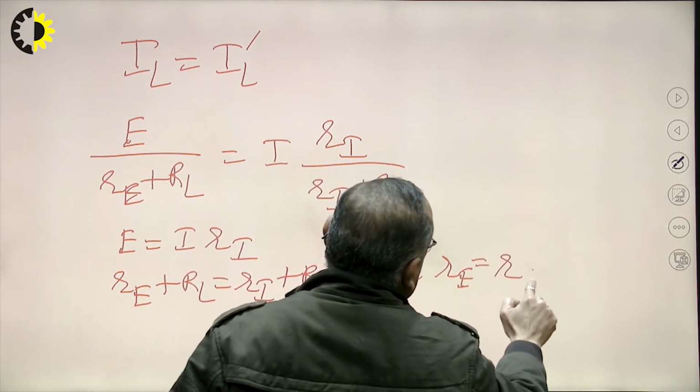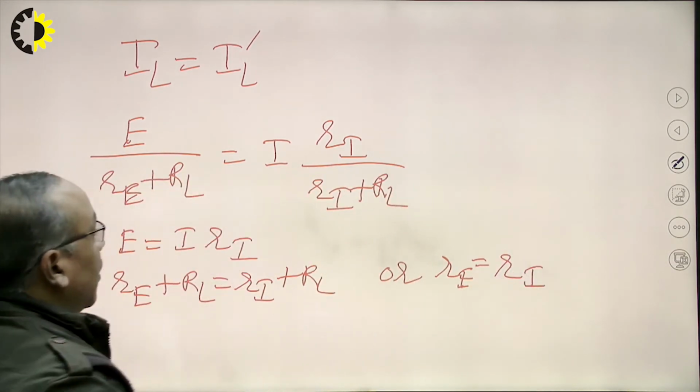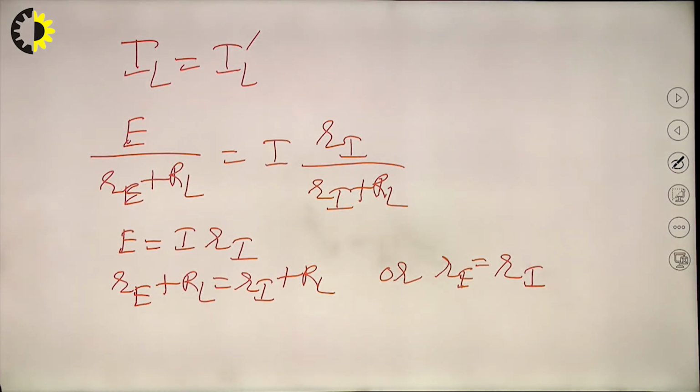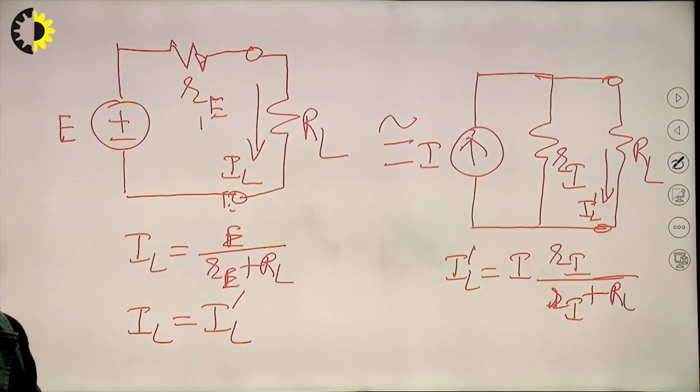That means the internal resistance of the voltage source and current source should be equal to each other, one thing. And another thing, when we connect the same value of load resistance across the source, the same amount of current should pass in the load resistance. Then we convert the given voltage source into the equivalent current source in this way, or vice versa.